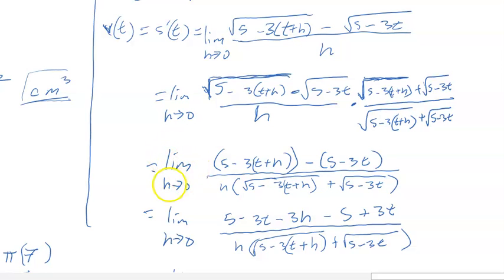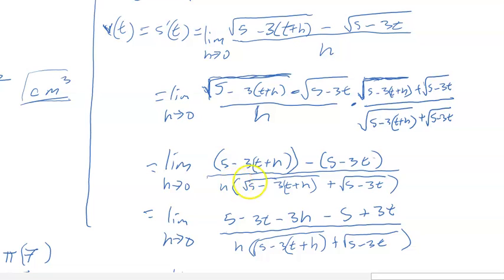So that's the limit as h approaches 0 of 5 minus 3 parentheses t plus h, minus parentheses 5 minus 3t. This is your difference of squares right here, just the first term squared minus the second term squared, all over h times parentheses radical 5 minus 3 parentheses t plus h plus radical 5 minus 3t.